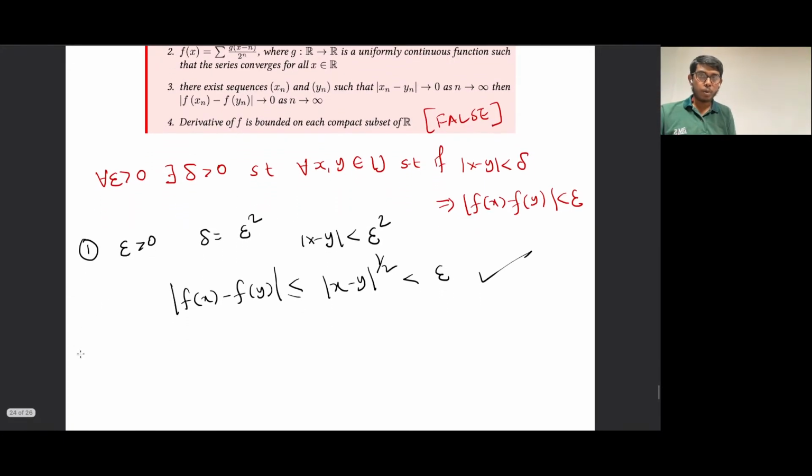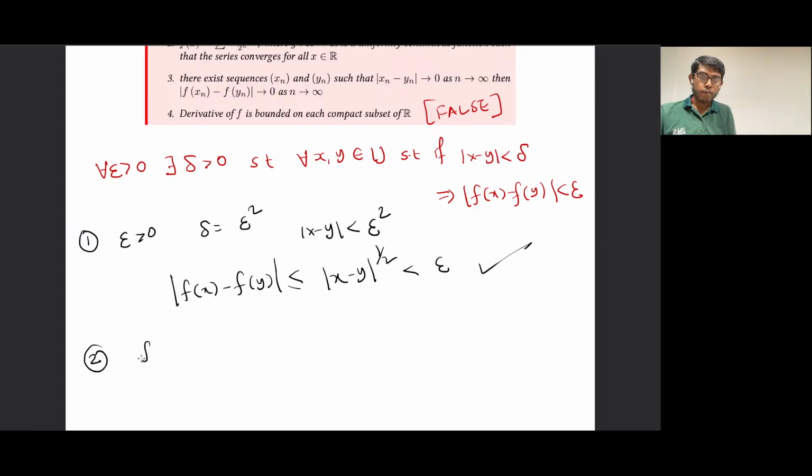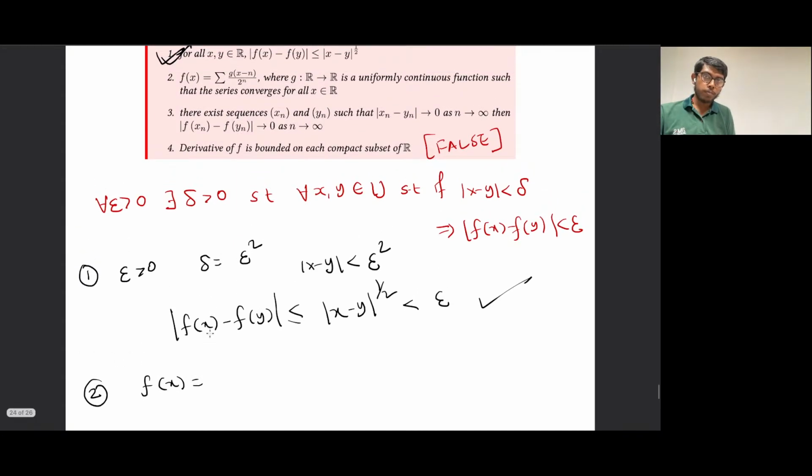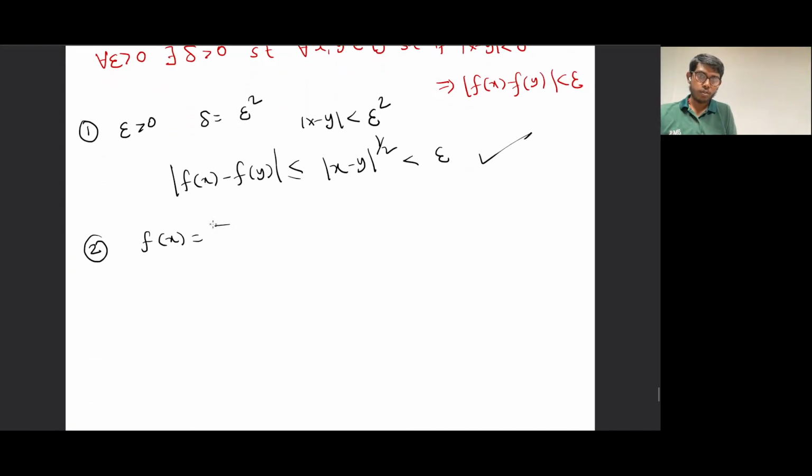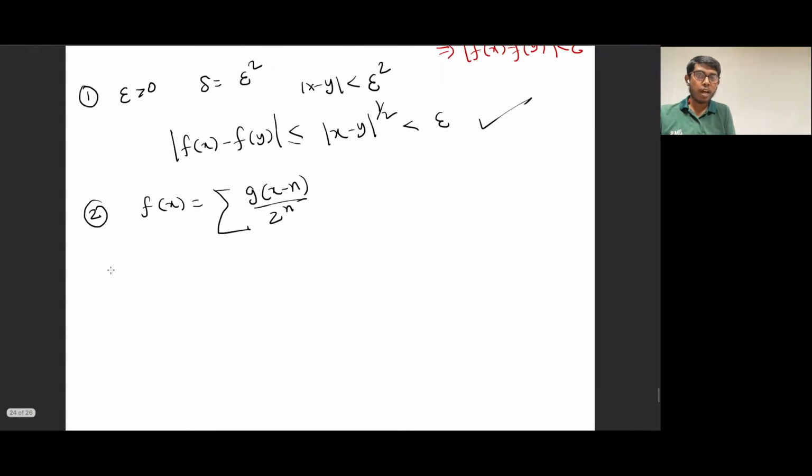Let's talk about the second option. It says that f of x equals the summation of g of x minus n by 2 to the n, where g is a uniformly continuous function and this series is convergent. So again, I'll start with x and y and epsilon. So mod of x minus y is less than delta. Then what is f of x minus f of y?